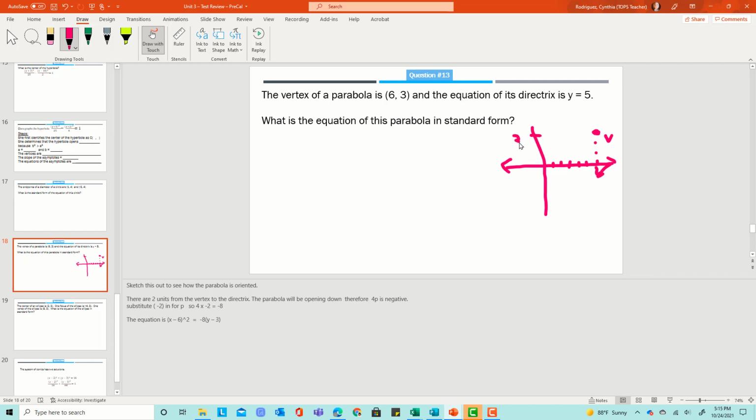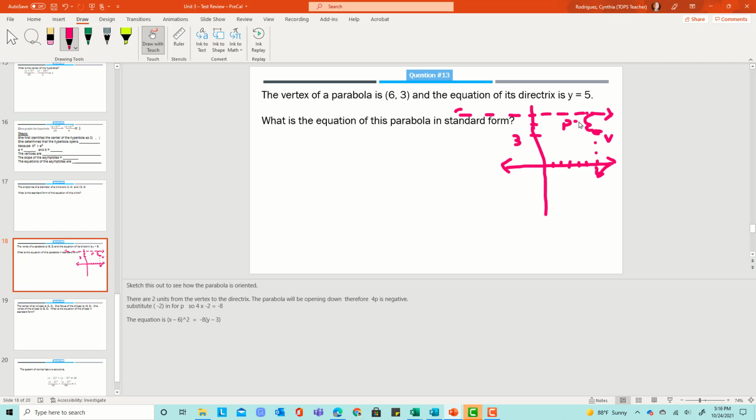Six, 3. And the equation of its directrix is y equals 5. So I'm going to go up 2 more and draw a dashed line for the directrix. So you can see the directrix is 2 units away from the vertex.